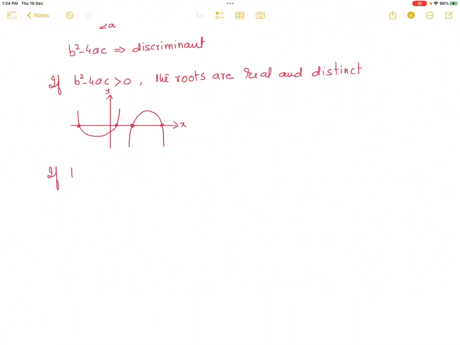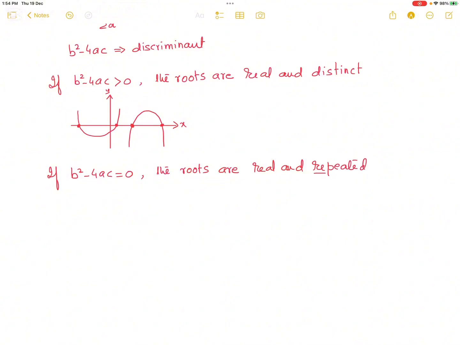Further, if b square minus 4ac is equal to 0, we can say the roots are real and repeated.